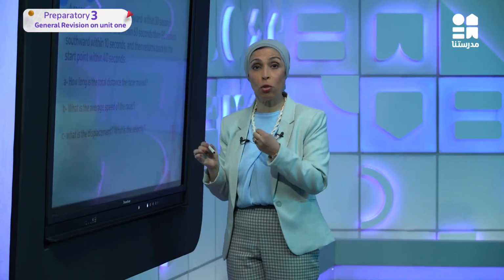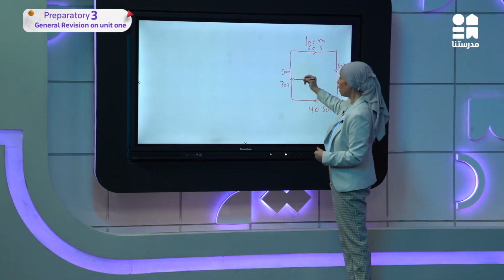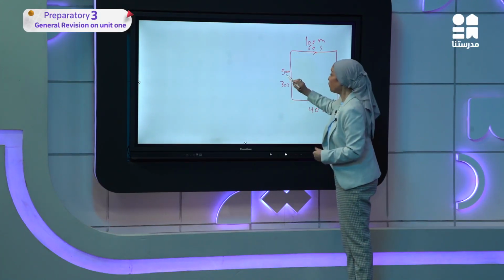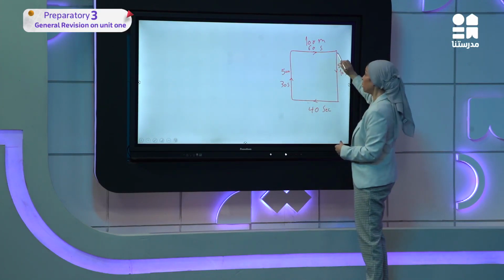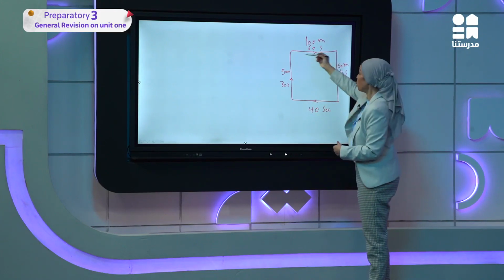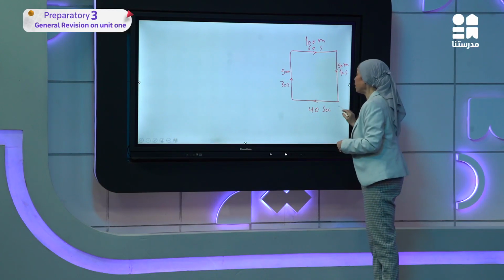First of all, this kind of problem is very easy if I translate it into a drawing. I read the question carefully, and for each part I draw it. The racer started the movement northward, so I made the line northward with an arrow covering 50 meters in 30 seconds, then eastward 100 meters in 60 seconds, then southward 50 meters in 10 seconds, and return back.